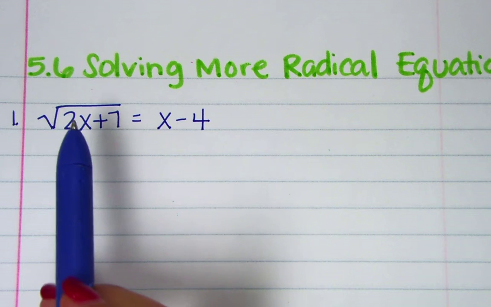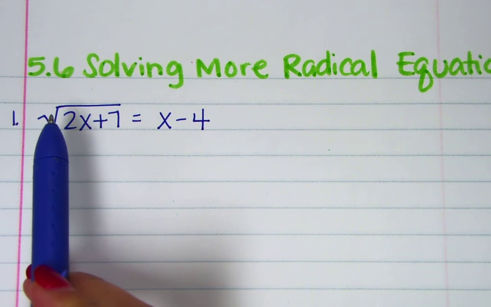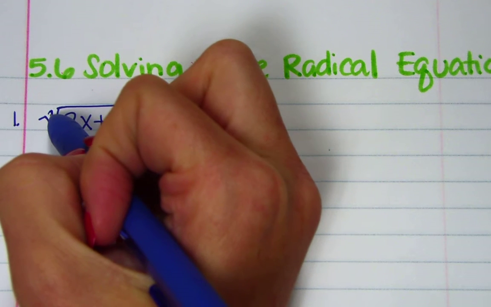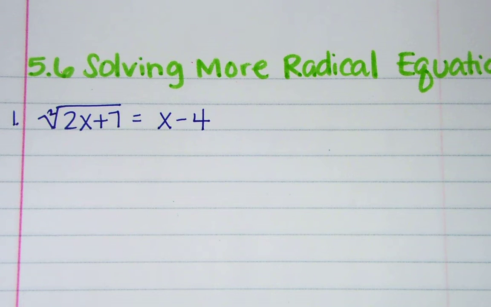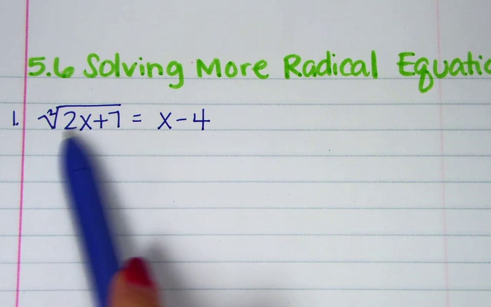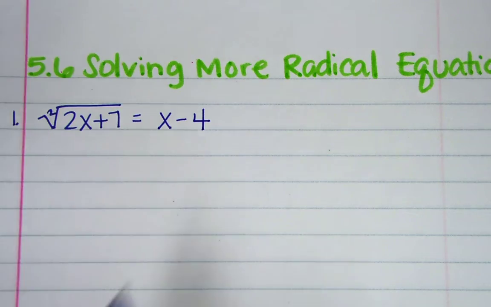Okay, and this one is square root. It doesn't have a number right here, but I suggest write the number there so you remember what it is. It's not going to hurt anything. It actually helps. I know a lot of people ask me, like, what is it if there's no number there? Because once we started doing it with numbers, it's kind of easy to forget. Okay, just fill it in. Make your life easier. Okay, so we've got square root of 2x plus 7 over here.